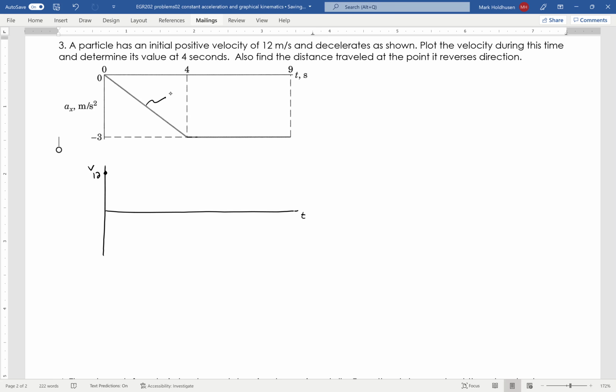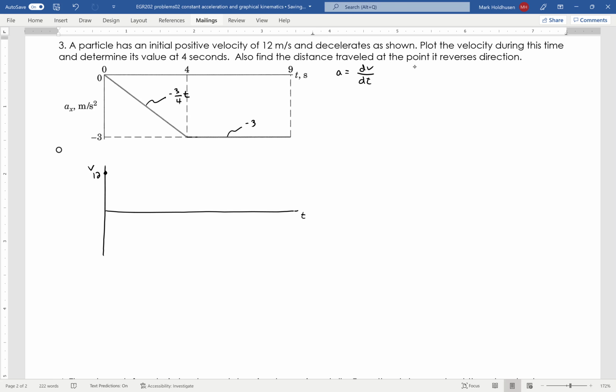So the equation for this would be -3/4 t. Okay, and similarly, that flat portion is just a constant. The acceleration is just -3. Okay, so what I'm going to do here is use my acceleration equals dv/dt equation.